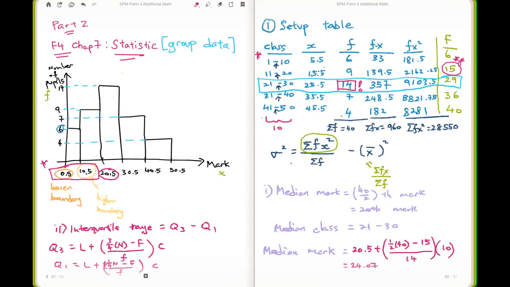The same is true if you are asked to look for standard deviation. All you need is to get those numbers in. Therefore, here, variance will be equal to 28,550 over 40, subtract 960 over 40 squared. You get the answer.